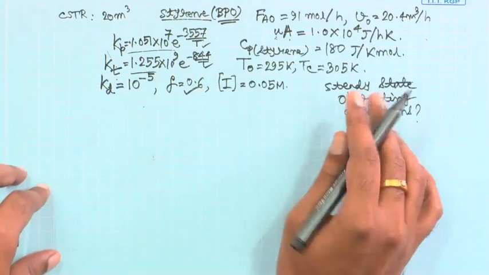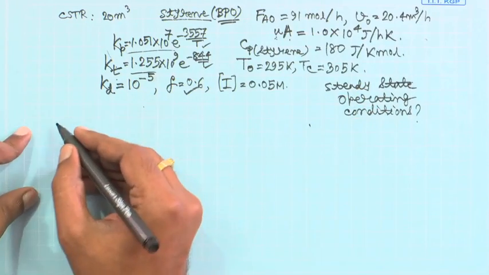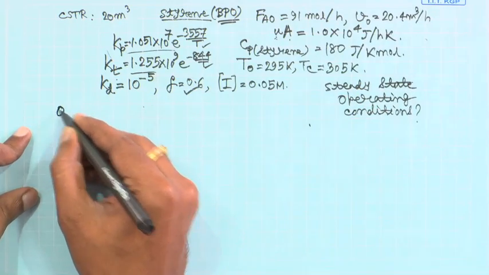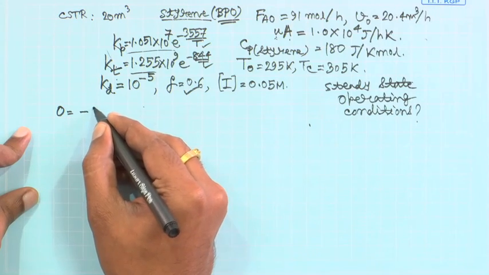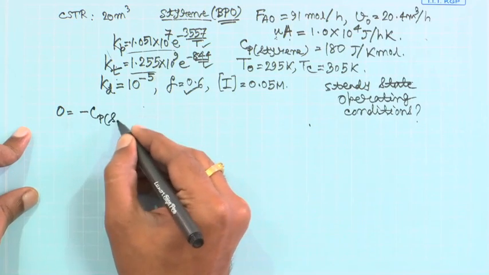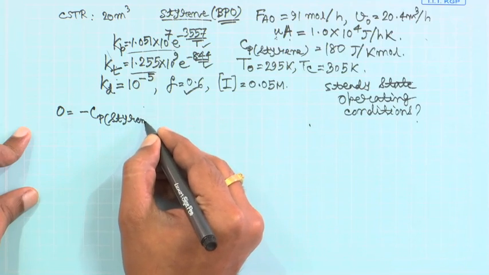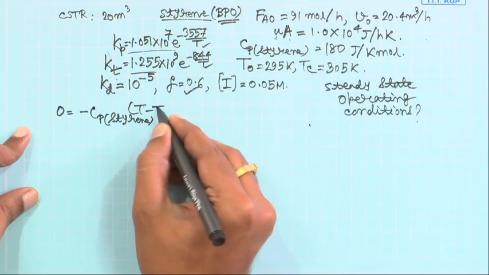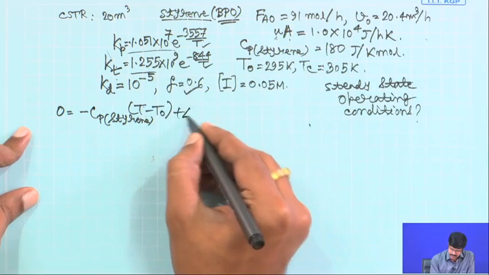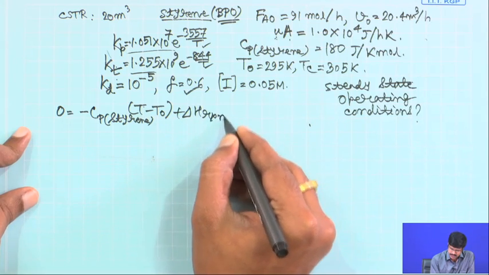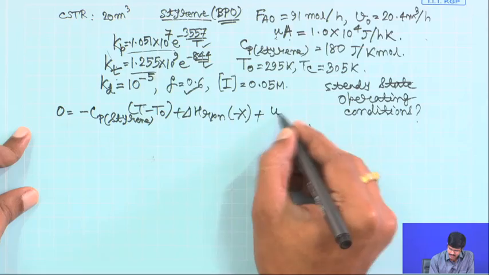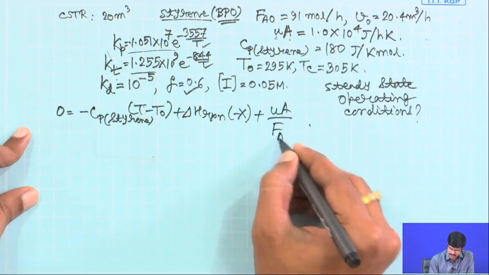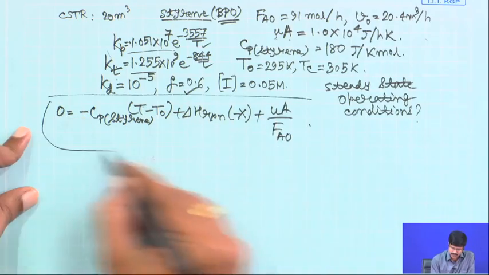So, now this is the problem that we are going to solve. Again for the energy balance, this is the steady state energy balance. So, 0 equals minus Cp of styrene into T minus T0 plus delta H reaction into minus X plus UA divided by Fa0. This is the equation, if you remember. If you do not, you can just go back and recapitulate.